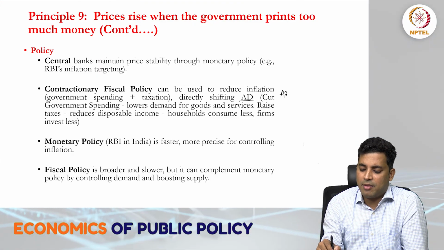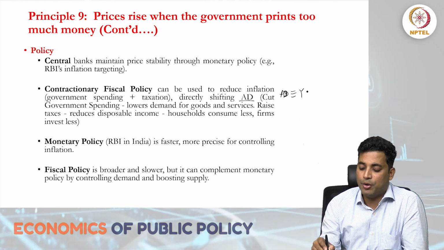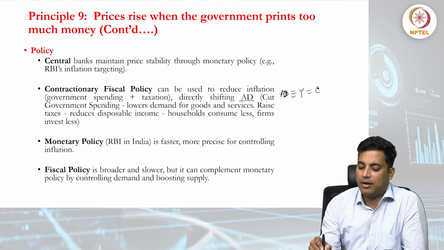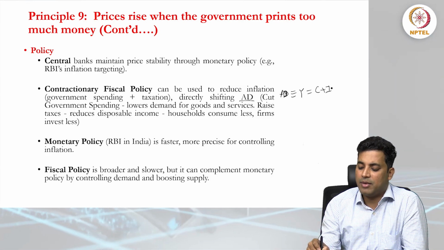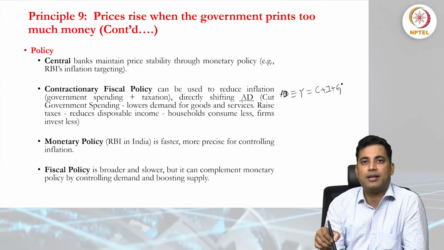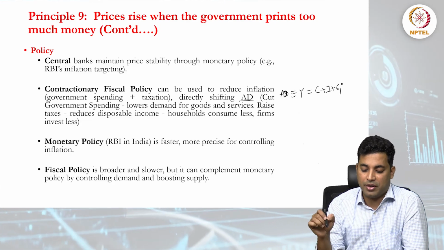Aggregate demand can be written as equivalent to total output, which is the summation of consumption, investment, and government expenditure. This is the case of a closed economy, so I'm not considering exports and imports here.